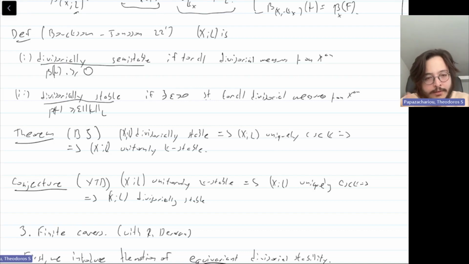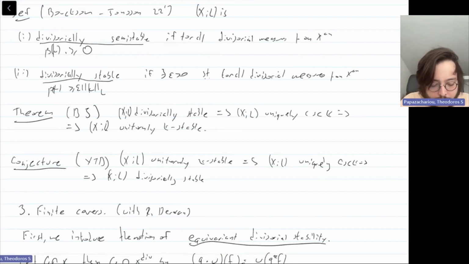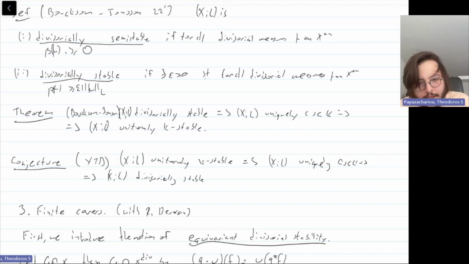Now, another really important consequence of the work of Boucksom-Jonsson, behind all the heuristic idea of why this is important and why this makes sense, is the following theorem. Let me write their names properly. The theorem tells you that if (X, L) is divisorially stable, then it will admit a unique cscK metric, which implies that it's uniformly K-stable.